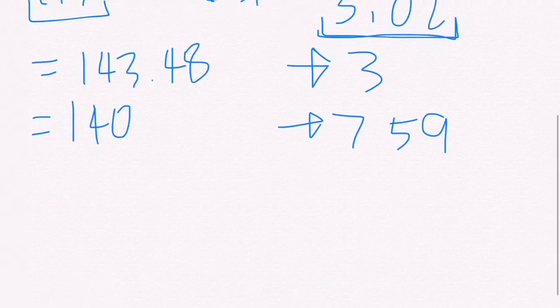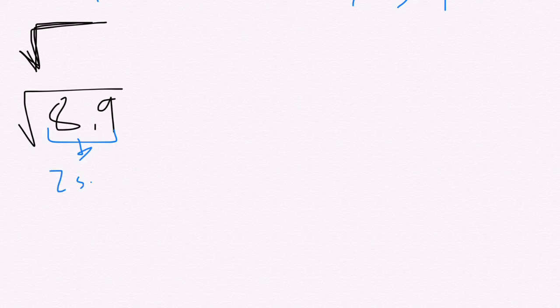Alright, so the next thing is a square root. Let's say we're taking the square root of 8.9. 8.9 has 2 sig figs, right? And so our answer will have 3.